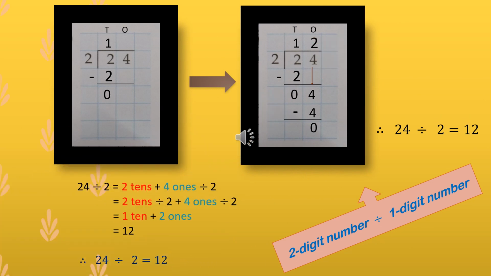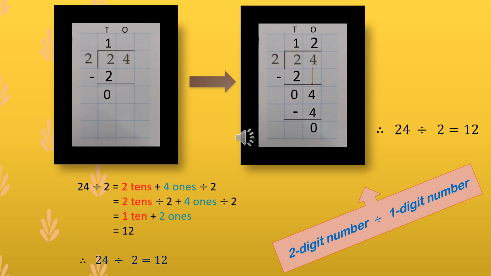Now children, let's learn how to divide a 2-digit number by a 1-digit number. Let's see an example. 24 divided by 2.